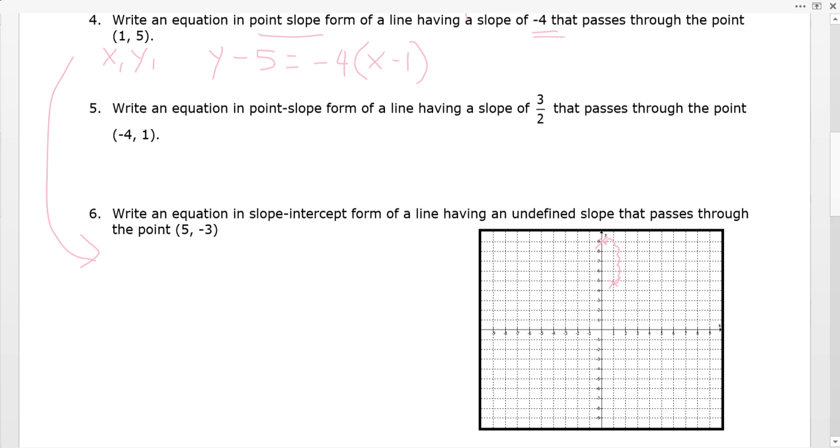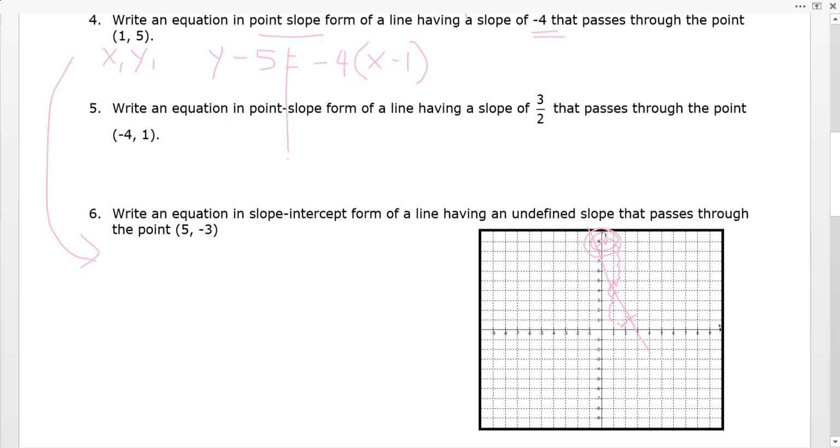And I could go down 1, 2, 3, 4, and over 1. And I have that point right there. Okay, so if that line is my line, you can see that my y-intercept is at 0, 9.